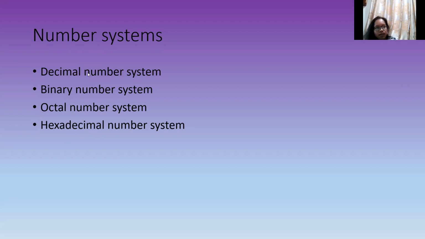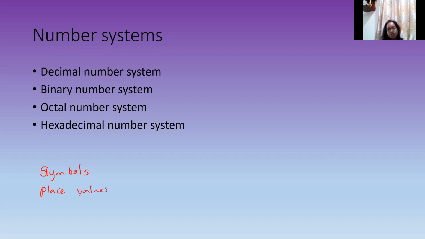Now, for each of these number systems, there are some specific features that you have to know. The first thing you have to know is the set of symbols of each number system. Then you have to know the place values of each.